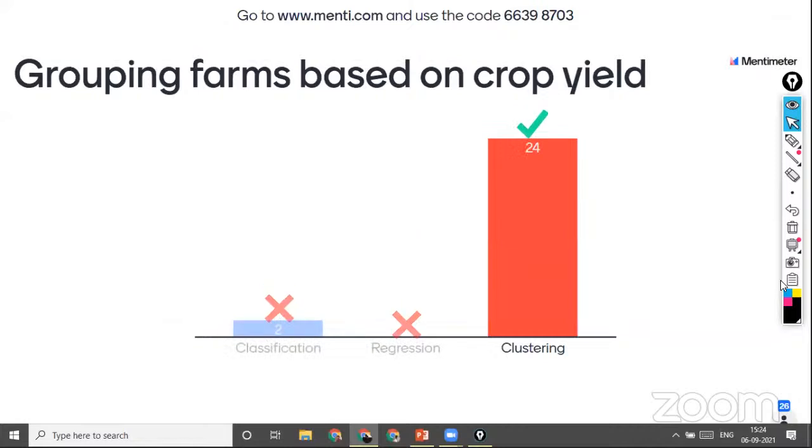Yes, so most of the participants have marked clustering. That's the right answer, because you have farms with low yield, high yield, and you also have other information like the productivity, the size of the farm, all that information, and you can use the clustering technique to group farms based on the crop yield.